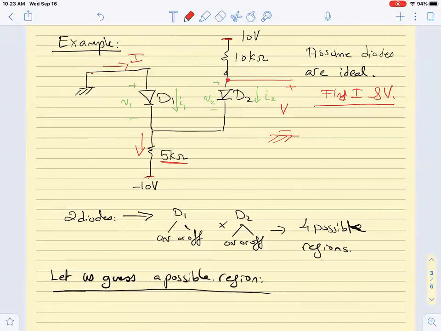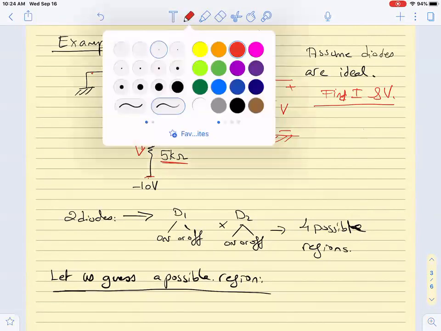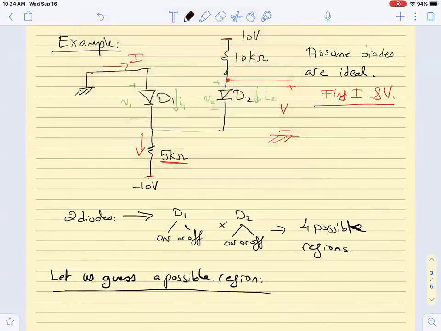Right? But if I draw it like this and consider it a short, most probably I can start with the guess, so as not to waste too much of your time, that for sure D1 is on and I am also going to assume D2 is on. So assume D1, D2 both on and we will solve.